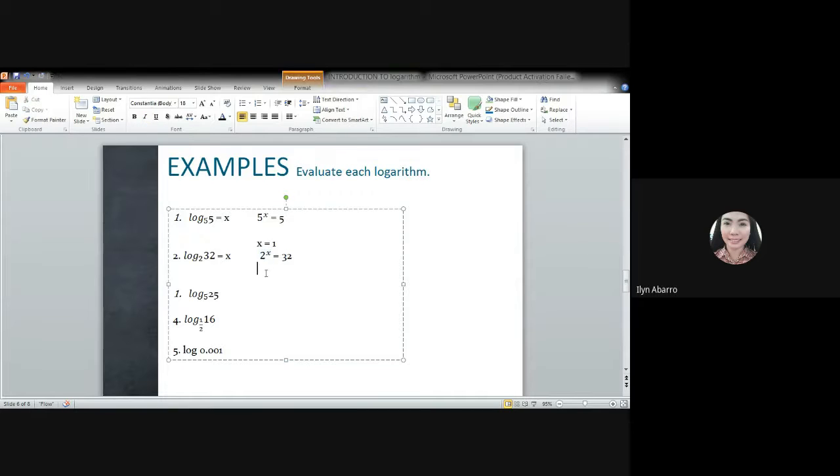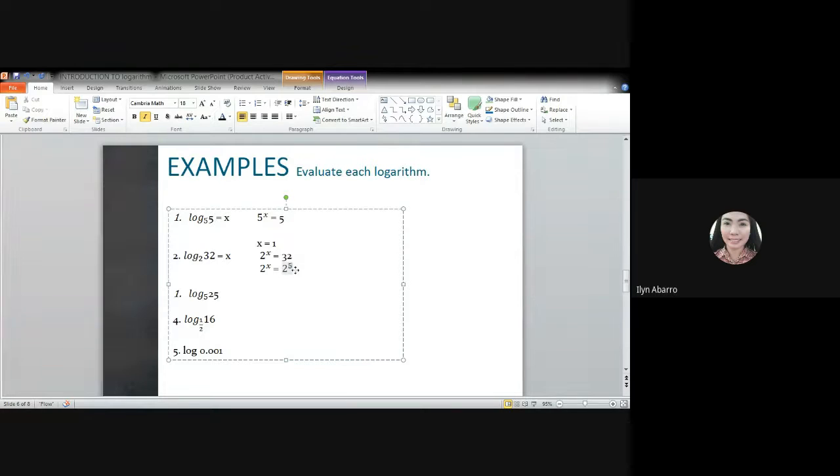copy natin, bring it down, is equal to, can we write 32 with base 2? So, yes. So, 32 is 2 raised to what? 2 raised to 5. Is that correct? So 2 times 2 is 4, times 2 is 8, times 2 is 16, times 2 is 32.